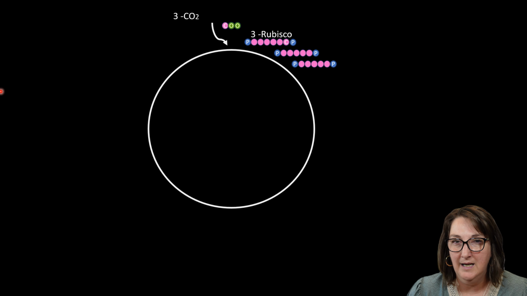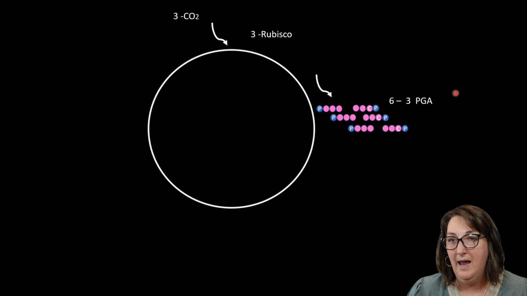I'm going to bring in another carbon dioxide. Another Rubisco is going to come in. And now I'm going to have 6 carbons. Another carbon dioxide is going to come in. And I'm going to have 3 Rubiscos now with this extra carbon. And remember, it isn't like this. It becomes very unstable and it's going to break. And now what happens is it gets called 3-PGA.